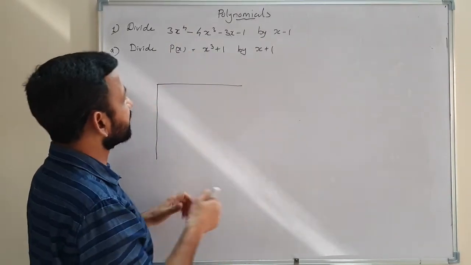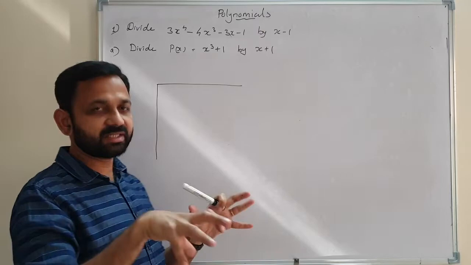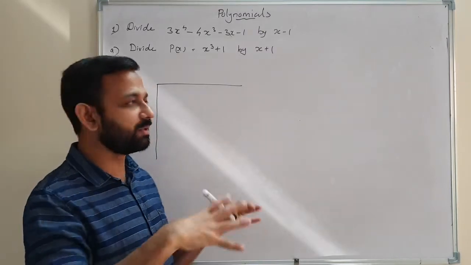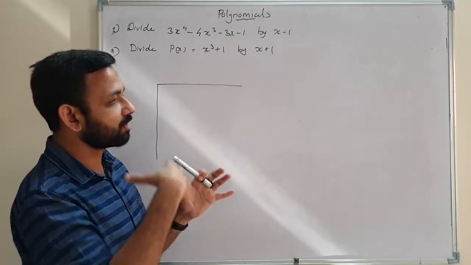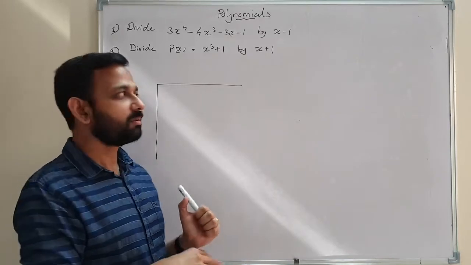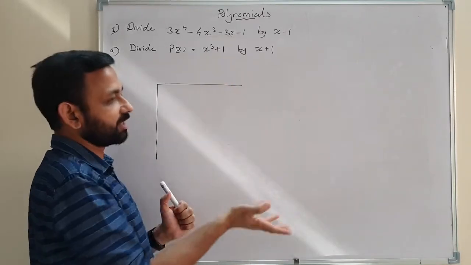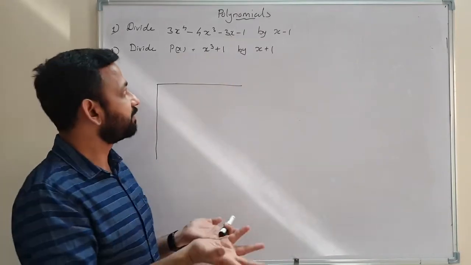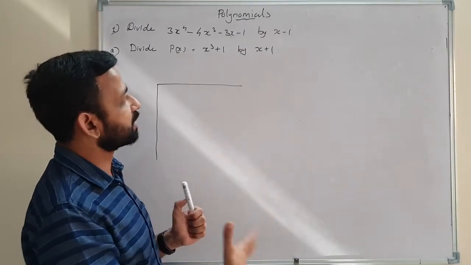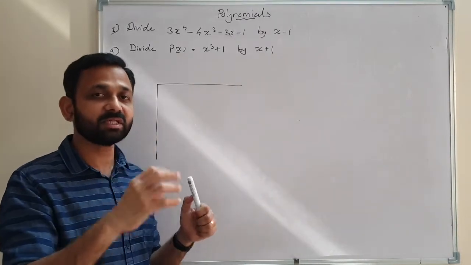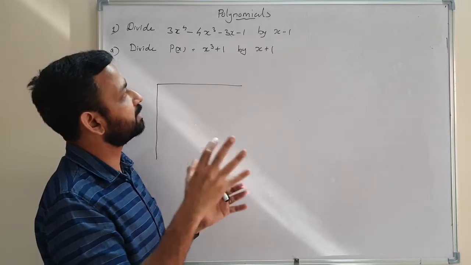So we can write 0x square there. Without writing it also we can do, but sometimes if you don't write the 0x square, some of you will make mistakes.